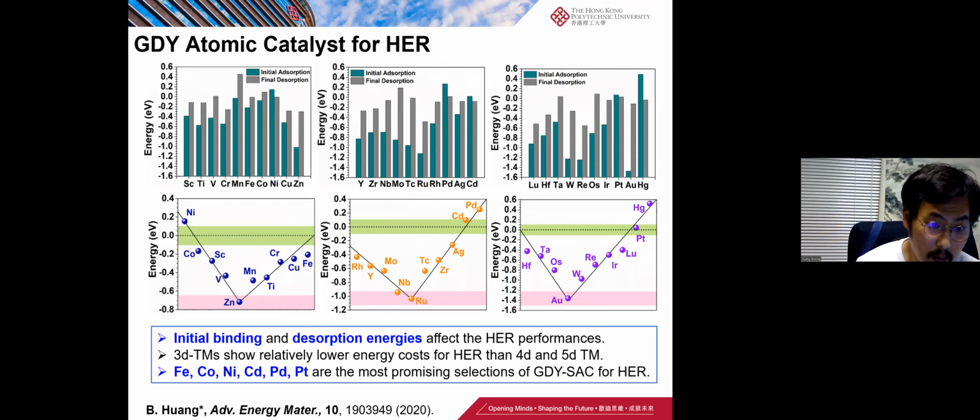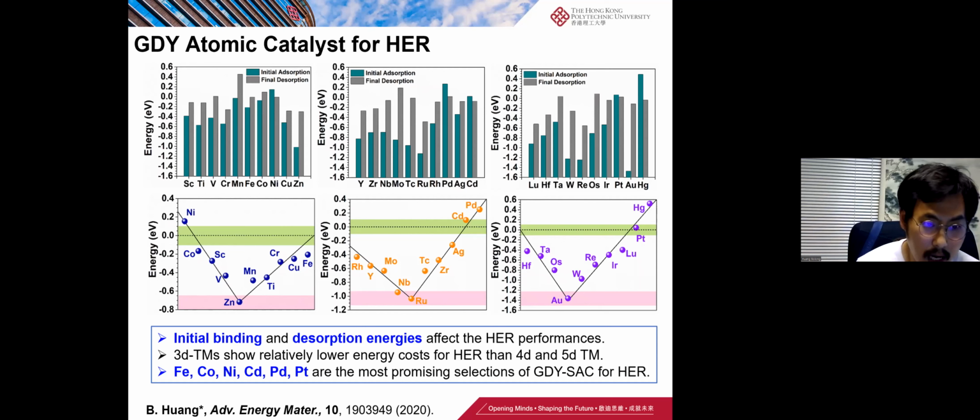Hydrogen has been considered as the most environmentally friendly and efficient fuel. Therefore, the hydrogen evolution reaction, HER, has become the most promising method to efficiently generate hydrogen fuels. For the HER process, theoretical calculations usually only compare proton binding energies as the only criterion.